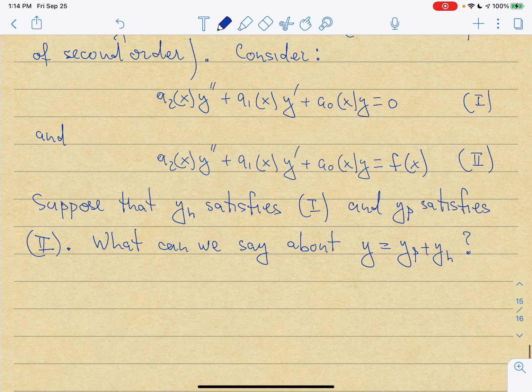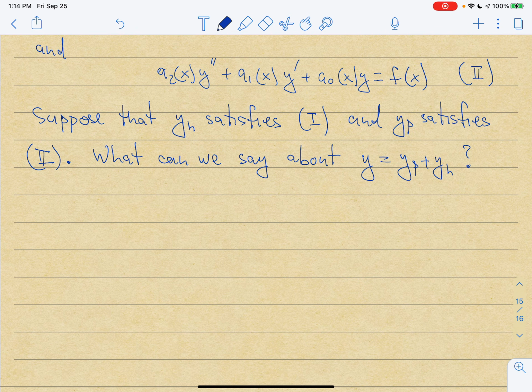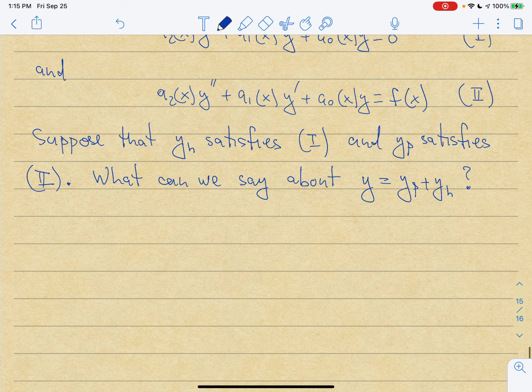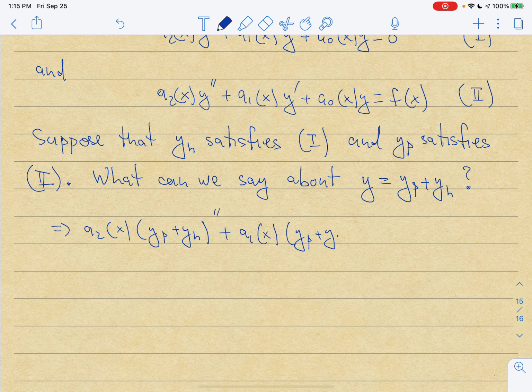And let's try to insert this function into the left-hand side of equation 2, which also is the left-hand side of equation 1. So a2 of x, yp plus yh double prime plus a1 of x, yp plus yh prime plus a0 of yp plus yh.